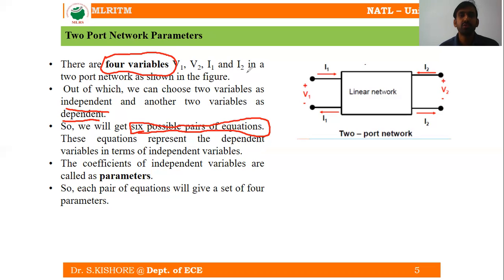The four variables are grouped as two independent and the other two dependent. Considering two variables at a time from four variables, we get around six possible combinations, and these six possible combinations lead to six different parameters. So what are the six different parameters?